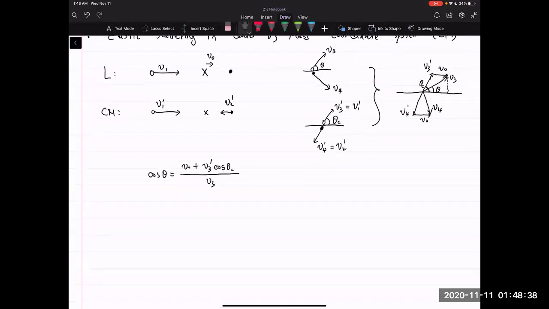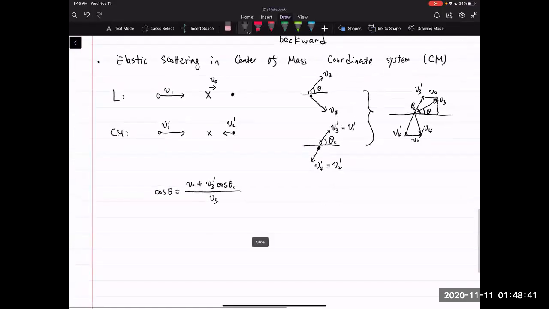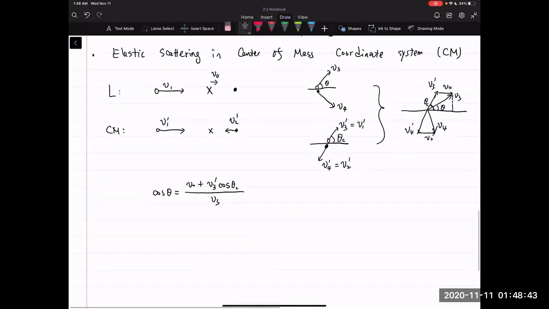So in the lab coordinate, let's write down each of these: V0, V1. So what is V0? In the lab coordinate system, V0 is the center of mass speed. That is the momentum, so the speed average weighted by the mass: M1 V1 plus M2 V2, where V2 is 0, so plus 0, divided by M1 plus M2.